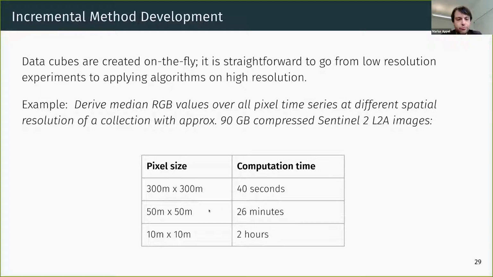Then if we decrease the pixel size to 50 by 50 meter, the computations took 26 minutes. And if we really go to the original resolution of 10 meter spatial pixel size, the computations take 2 hours. And I think that makes it quite useful to try out things first on lower resolution, and makes the work with large Earth observation data in R a bit more interactive, at least.